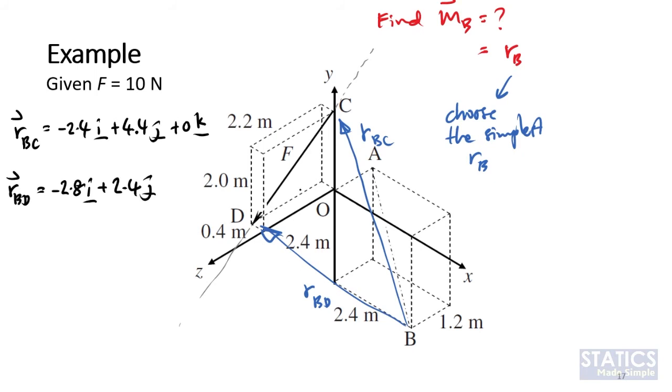However, this time around, we will still have a component along the Z axis, plus 2.2 K. So you have two choices here.